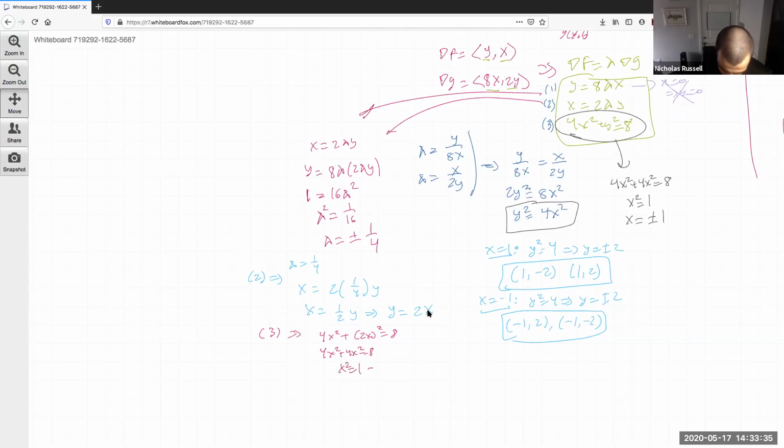And we're right back where we were before, x equals plus or minus 1. We would then plug this back in and get our 2 points. And then we could do the same exact thing with the negative 1/4 and get the same idea. We get y equals negative 2x and then get our points too, right? 1 would give me negative 2, negative 1 would give me 2. The other would flip that. And we would get all these 4 points again.